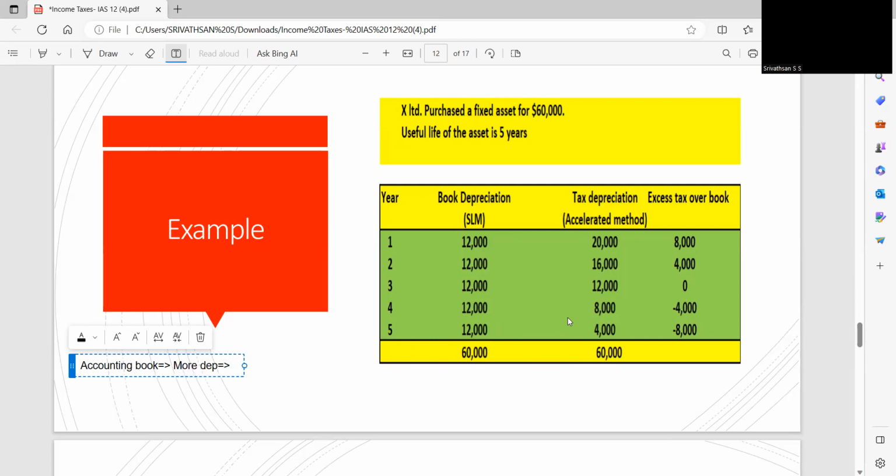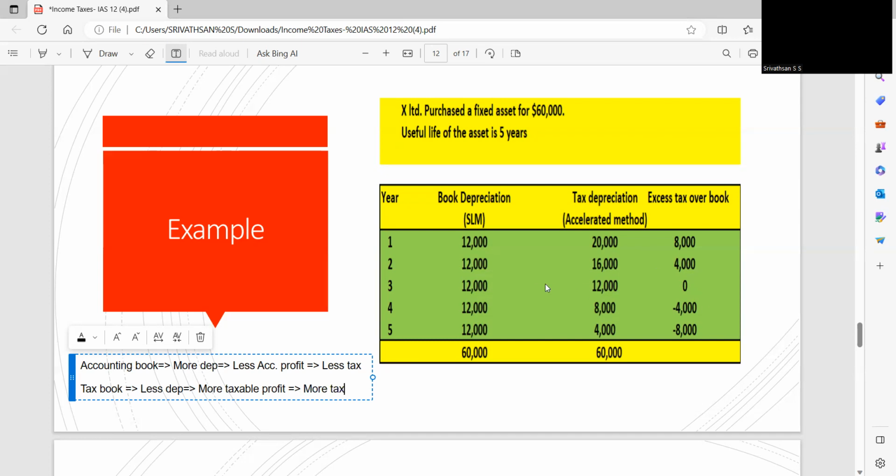So in the accounting book, there is more depreciation. And more depreciation means less accounting profit, and less accounting profit means less tax. Whereas in the tax book, they have charged less depreciation, and less depreciation means more taxable profit, and more taxable profit means more tax.